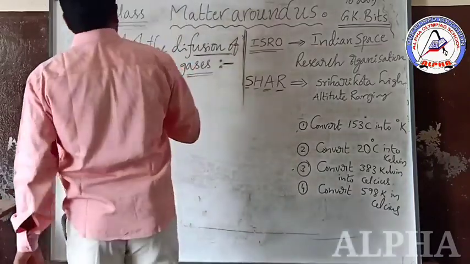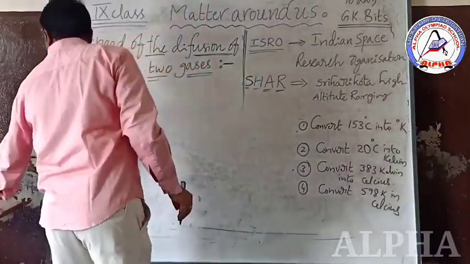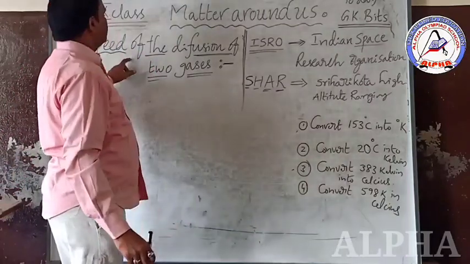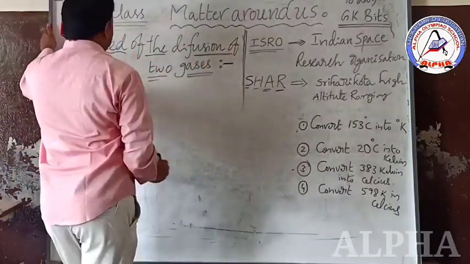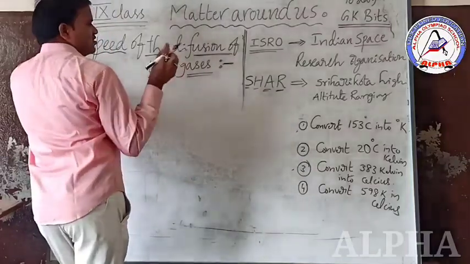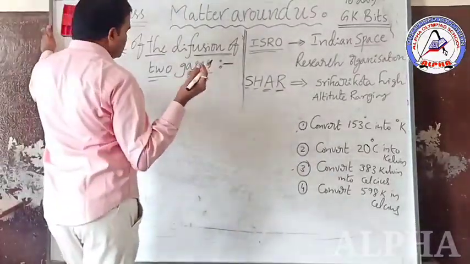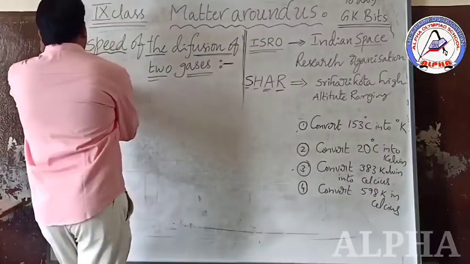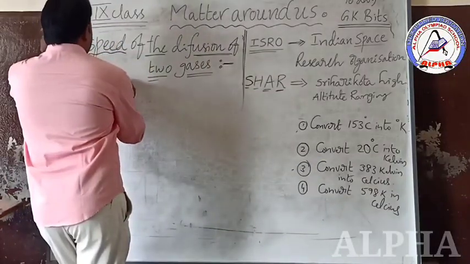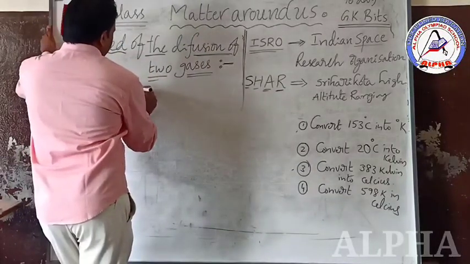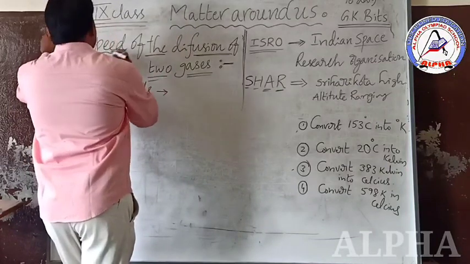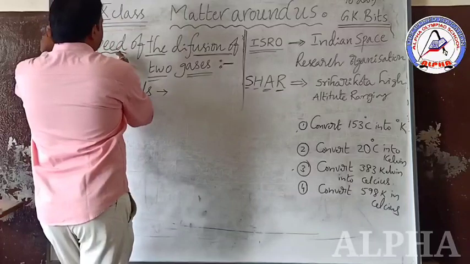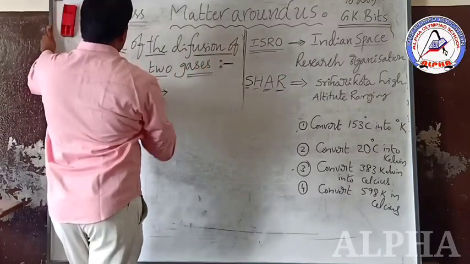To explain the speed of diffusion of the two gases with an activity, we need certain materials. What are the materials required? The aim is to observe the speed of diffusion of the two gases.